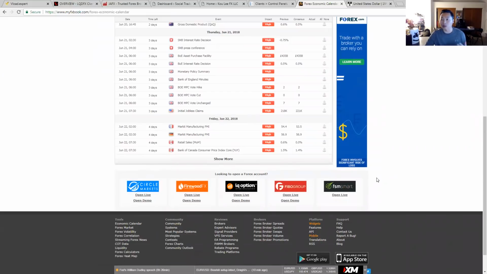CAD has been on a huge sell for the past week, almost 2 weeks, so we're looking to buy just for the new spike. If there's a huge reversal, then the biggest thing is to pay attention to oil prices, because oil prices affect the value of the Canadian dollar anyways.